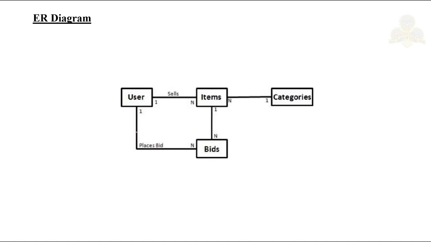ER diagrams have two main concepts: one is the entity and the other one is the relationship. Entities are the main information holders or concepts in the system. Entities can be viewed as types which describe all elements of some type which have common properties. These entities are represented as boxes in the ER diagram like this.